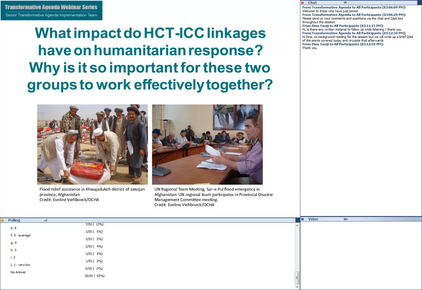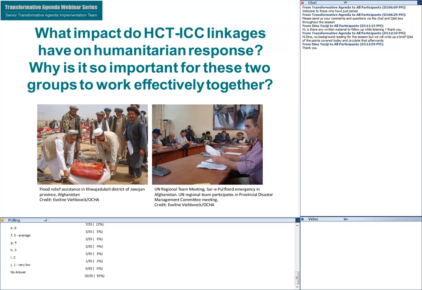In previous places I've been, there's sometimes been a challenge as to whether the cluster coordinators, cluster leads, are responsible to the head of the agency they come from, and what links they have to the HC.